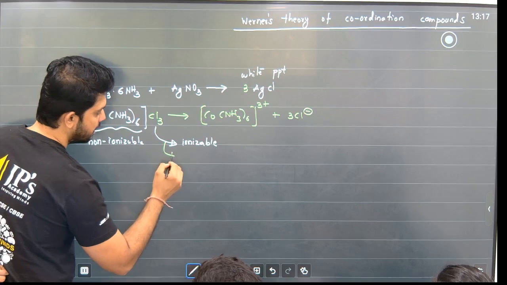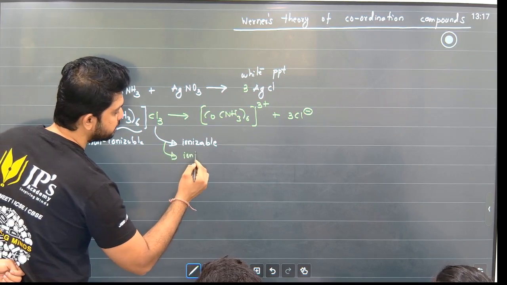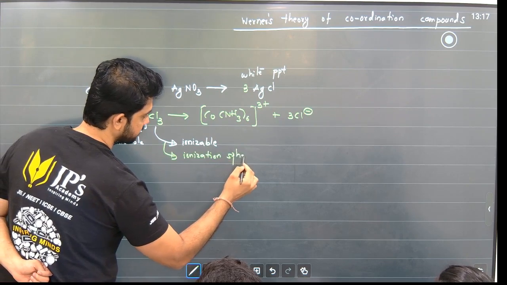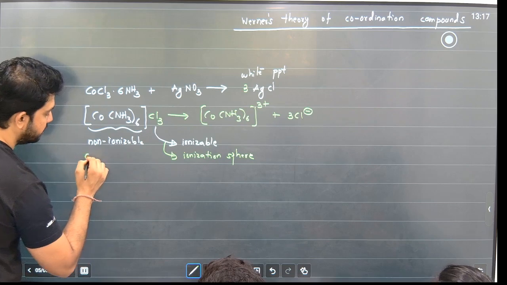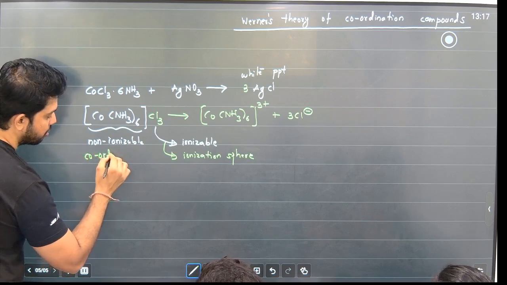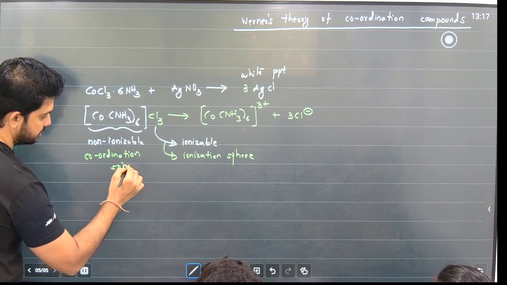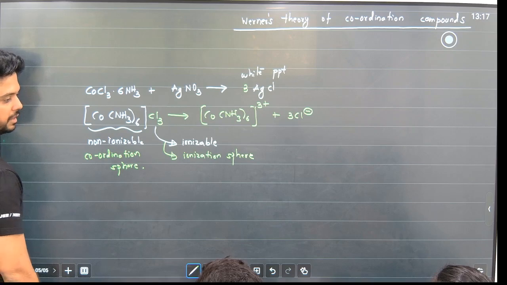This is also called the ionization sphere, and this is the coordination sphere. Did you get that?